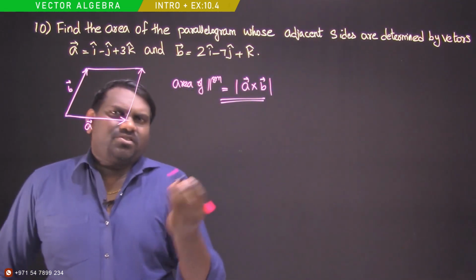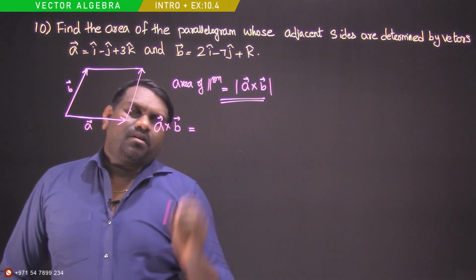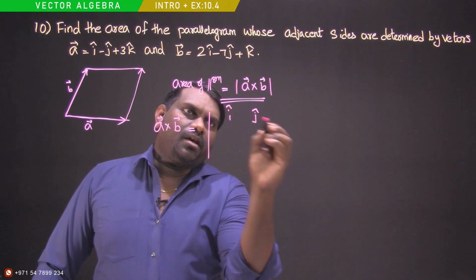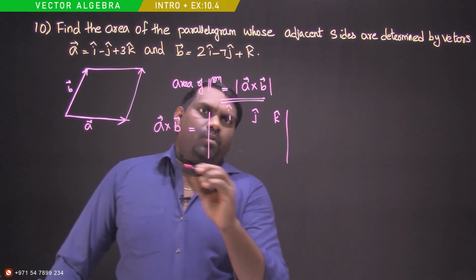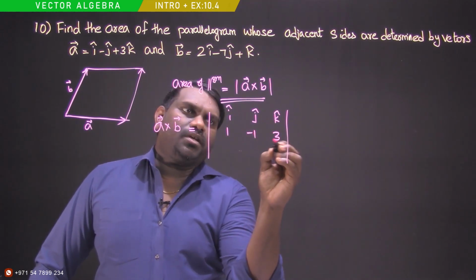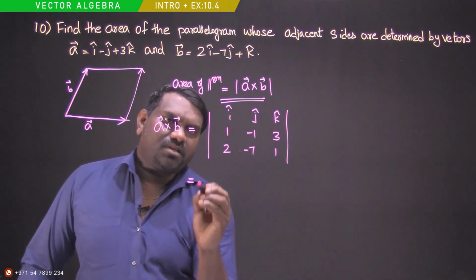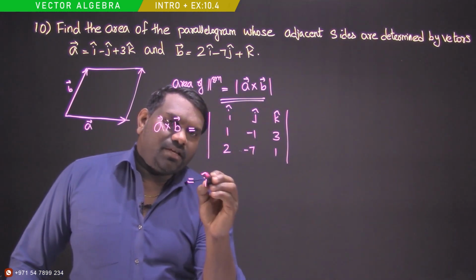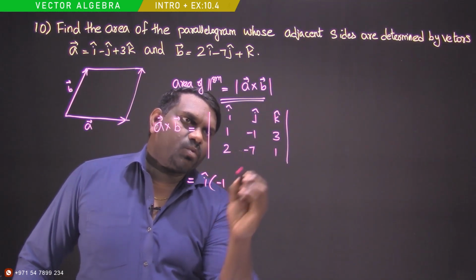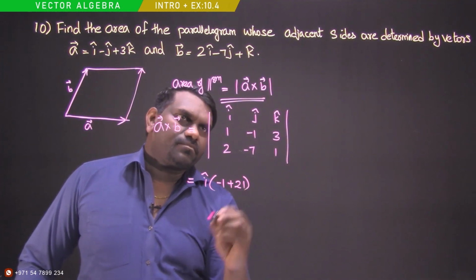So in that case, we will very quickly do A cross B. So what you will get? I, J and K with the coefficients here 1, -1, 3, here 2, -7 and 1. Then I cap into these two, -1, this one is -21, then +21, dear.